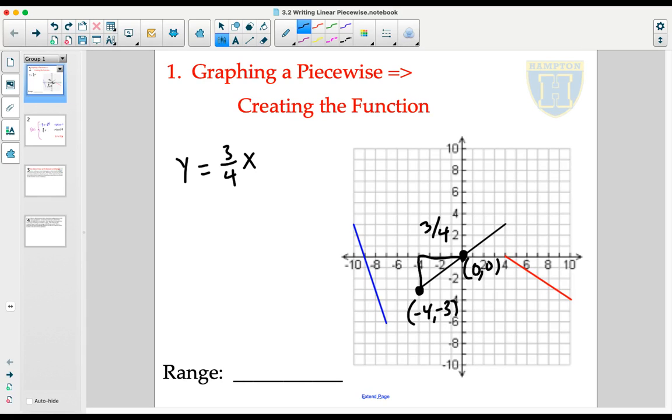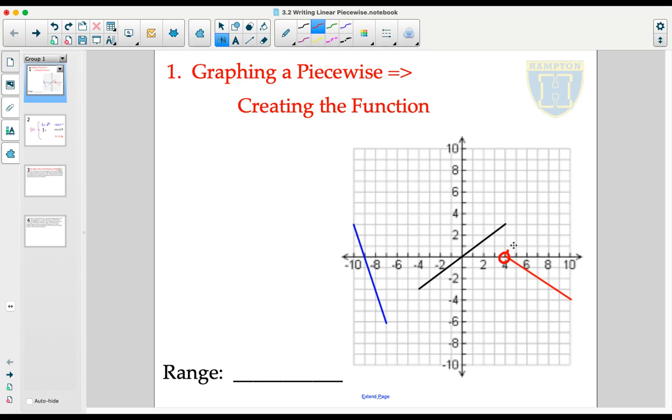Moving on to the last section, the red section, I'm going to do something similar to what I did with the blue. We're going to identify 2 points that are on the line and work with those 2 points. Now, despite the fact that the point (4, 0) is technically not there, that is where my line heads to.